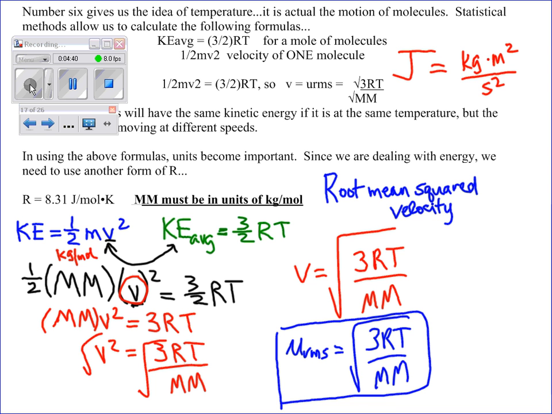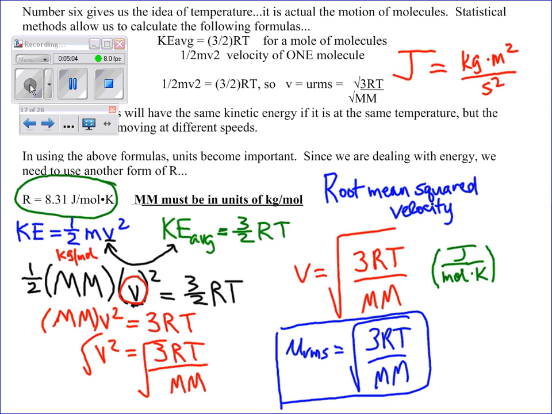Okay? Let's go ahead and do a unit check and see if we get the correct units here. So let's start, forget the 3. What's R? R is a new R, and I have it right here for you. Anytime you're dealing with an energy, you have to use the energy R. Since this is based on kinetic energy, we got to have the joule-based R, which is joules per mole K. I'm not worried about the number right now. I'm just looking at units.